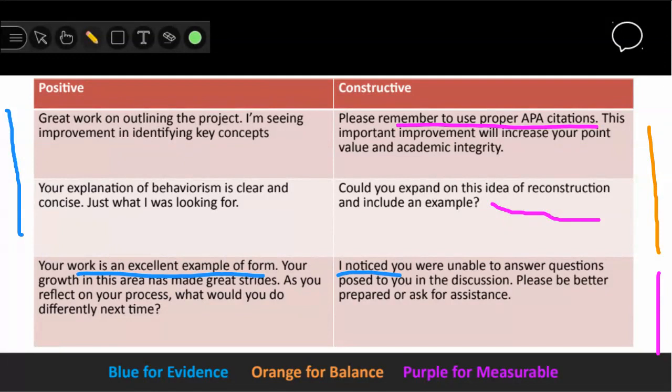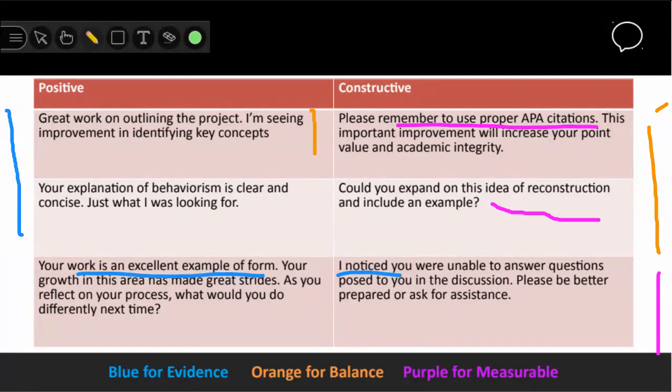What about balance? Are we seeing any balance in here? For the orange, okay. Okay, so if you look at that first one, great work on outlining the project. I'm seeing improvement. So that's kind of balancing it out.